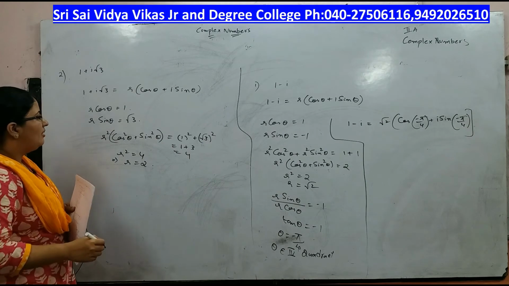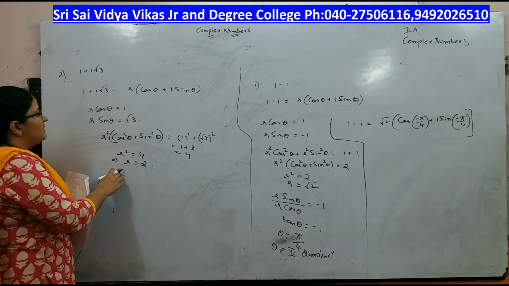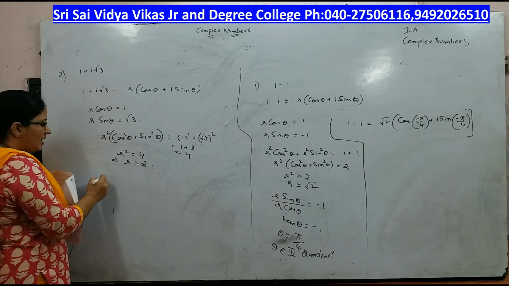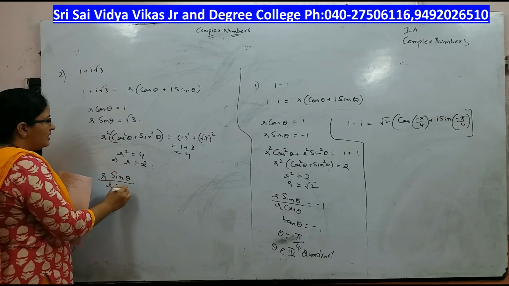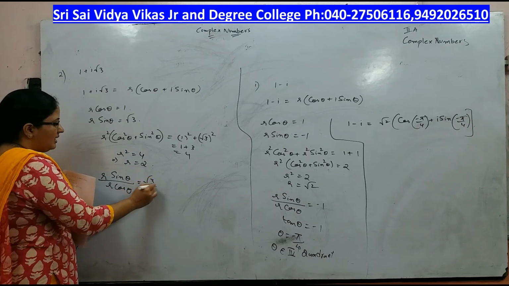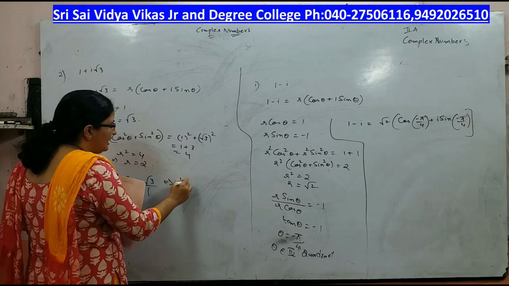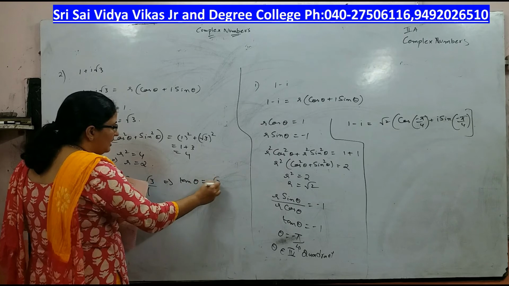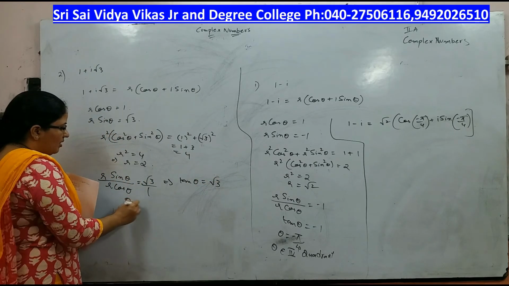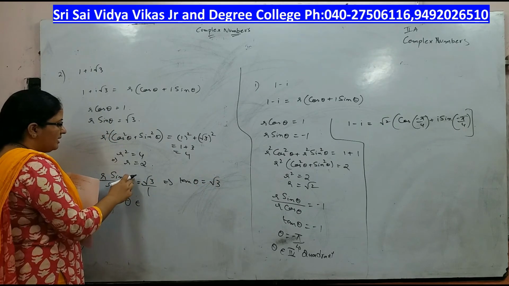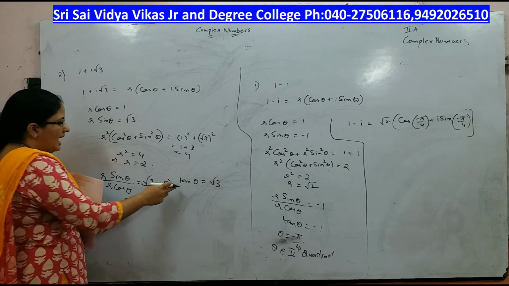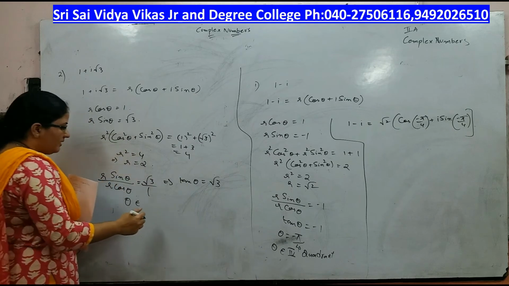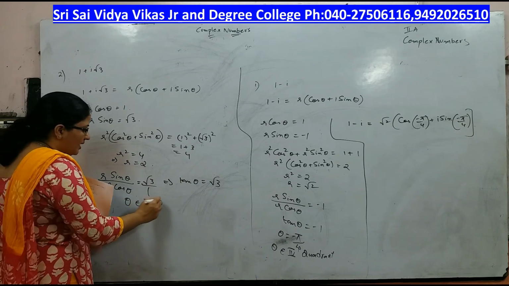We got the value of r. Next we will find the value of theta. R sin theta by r cos theta is equal to root 3 by 1, which implies tan theta is equal to root 3. Sin is positive, cos is positive, and tan is also positive. Theta belongs to the first quadrant.